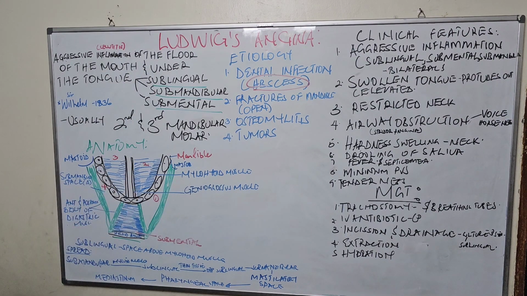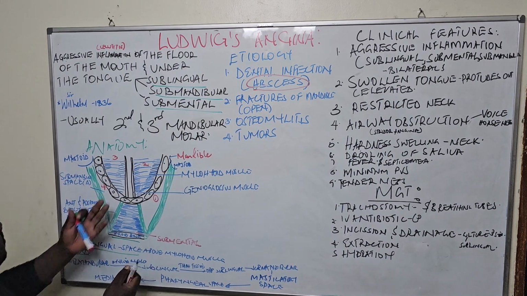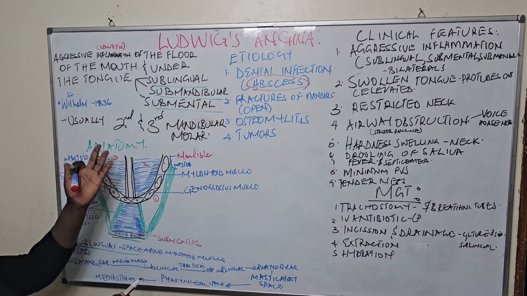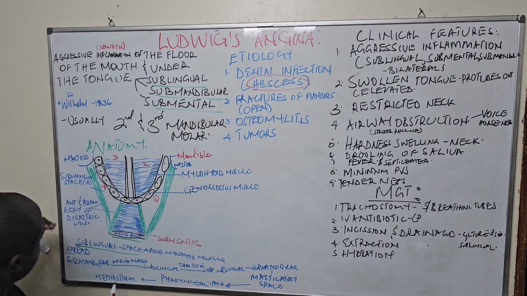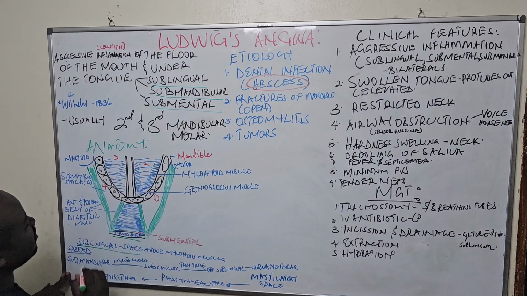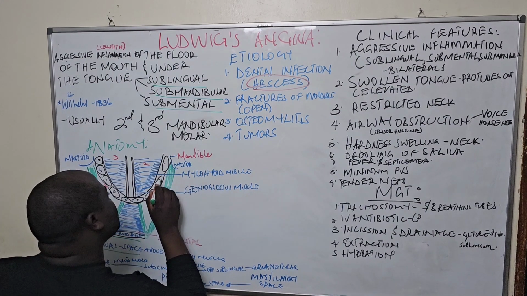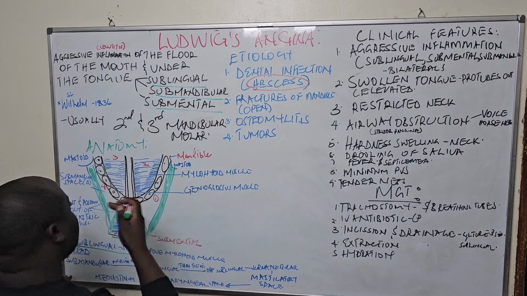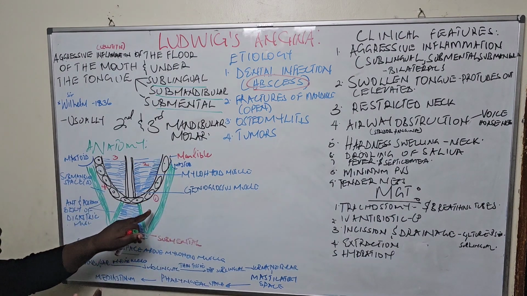So this one is as simple as this. The sublingual, as I said, is above the mylohyoid muscles. So in case we have any dental infection, maybe, I'm beginning with this. Suppose this one is maybe a 37. From the 37 there is easy communication.